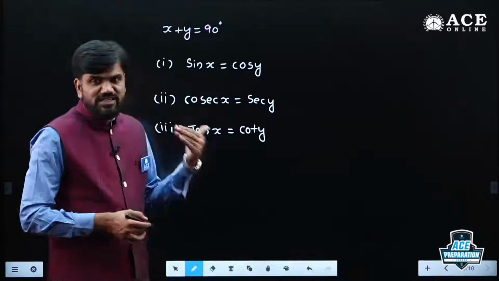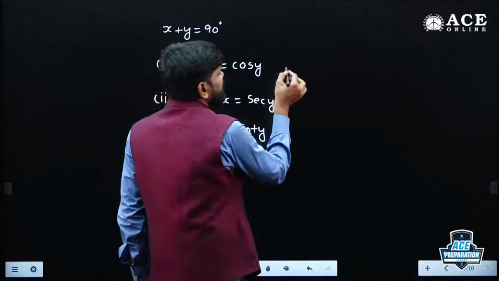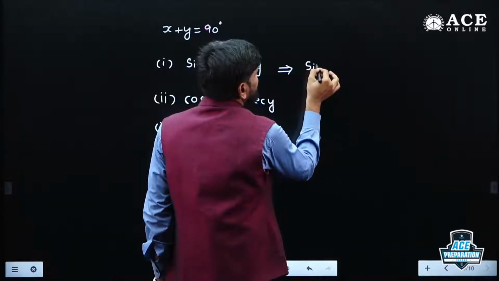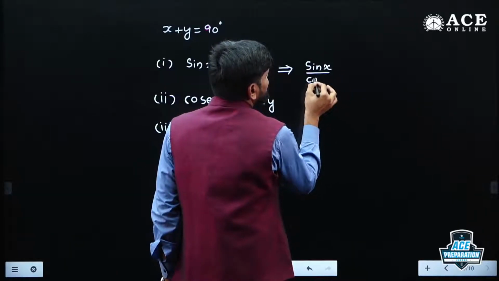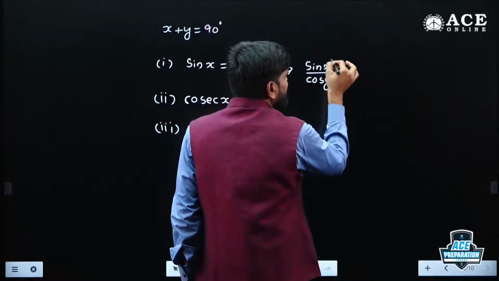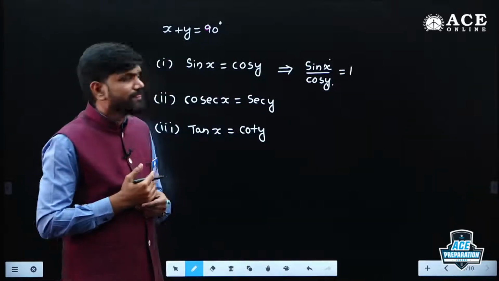From this I can see that when x plus y together is 90 degrees, I can straight away say that sin x by cos y is equal to 1, provided x and y together are adding up to 90 degrees.